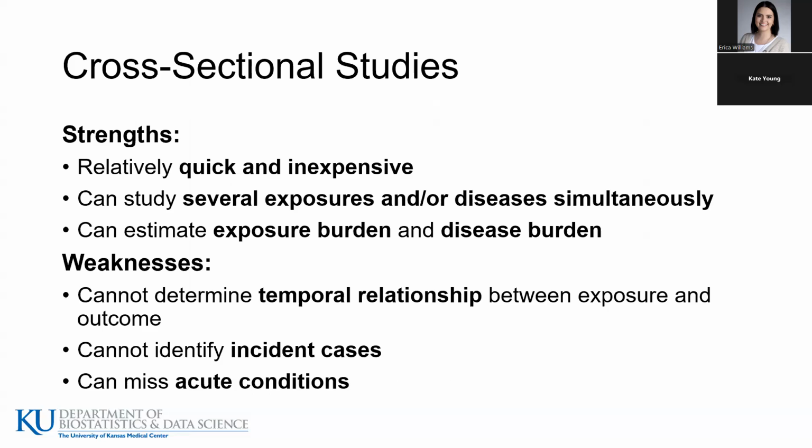And then they can estimate exposure burden and disease burden. Weaknesses are we can't establish a temporal relationship between exposure and outcome because we're taking those measurements at the same time. And then we can't identify incident cases, and we can oftentimes miss acute conditions.